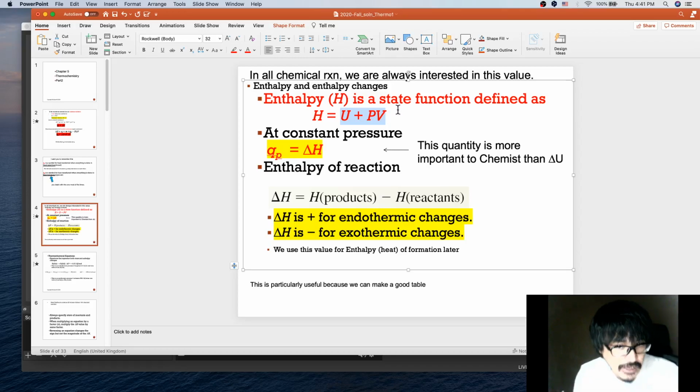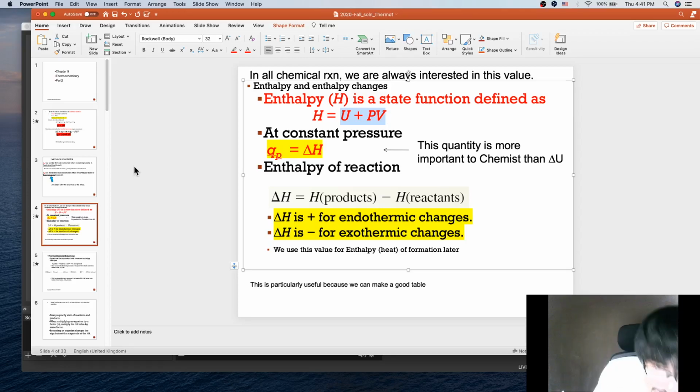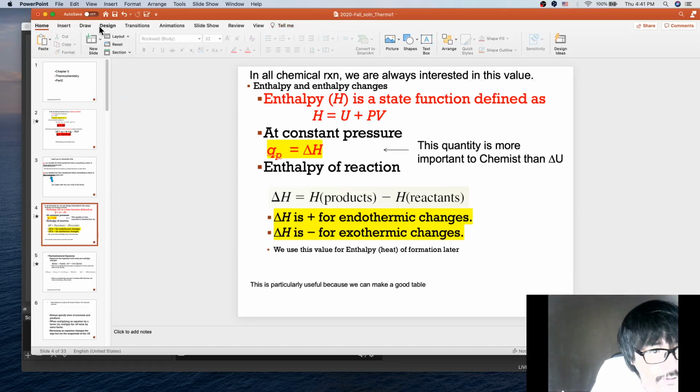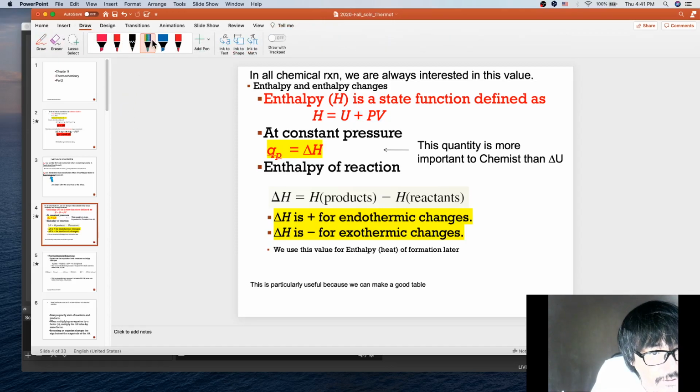The reason I think this is useful is that the change in H comes from the change in internal energy plus the change in pressure times volume, right?